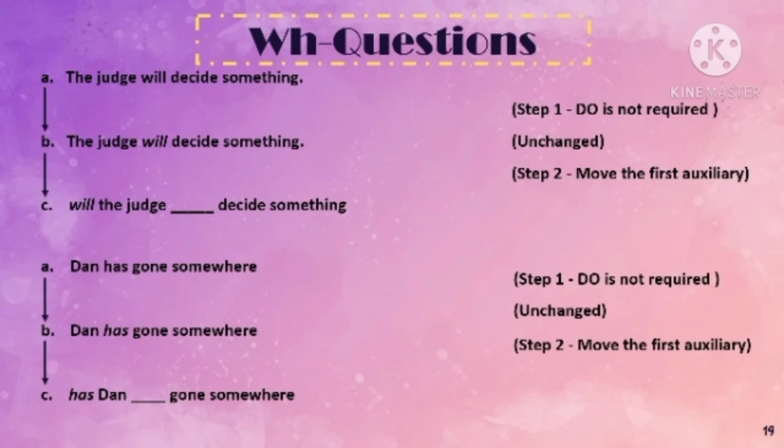And another step is to move the first auxiliary or main verb, if there is no auxiliary, to the front of the sentence. So let's proceed to our first declarative sentence.